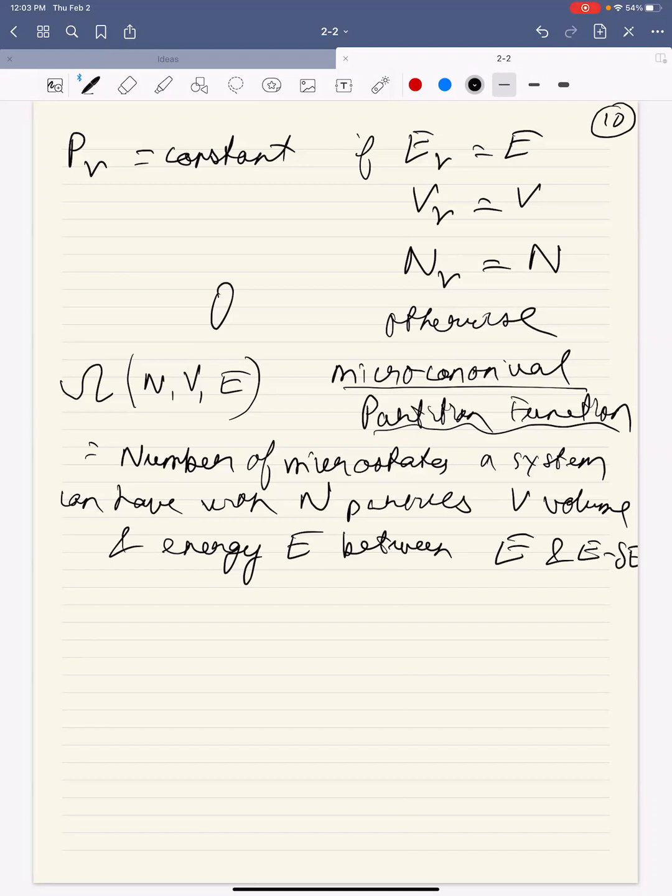So we are calculating the number of microstates a system can have consistent with N particles, volume V, and energy between E and E minus delta E.